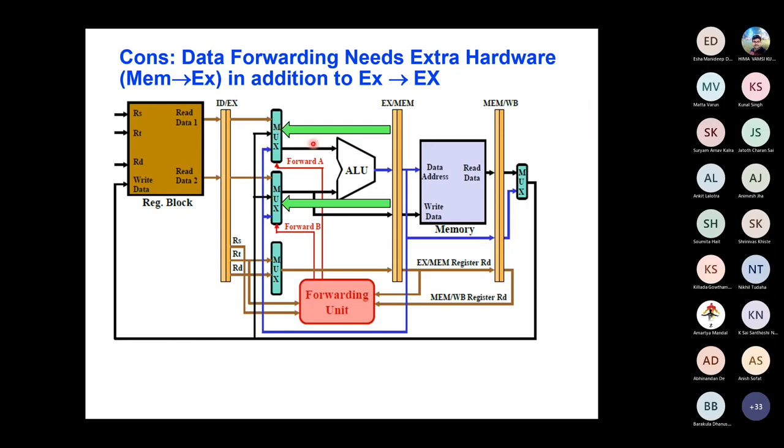And similarly, if you have a load instruction preceding an arithmetic type instruction, then you need extra forwarding also, an extra data path from the memory output to the input to the ALU.